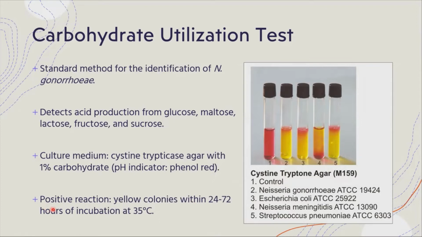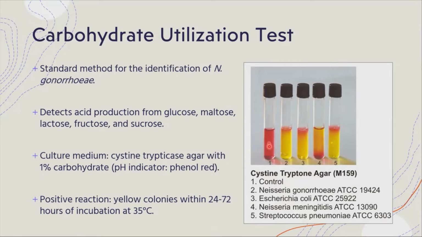So again, positive reaction is yellow colony formation or the color of the media changing from red to yellow within 24 to 72 hours after incubation at 35 degrees Celsius. Okay, so examples are the following.